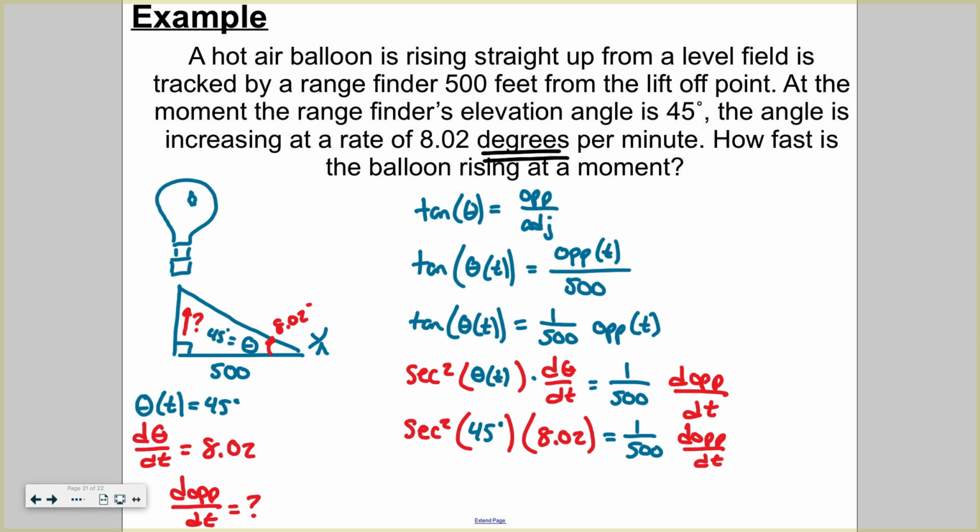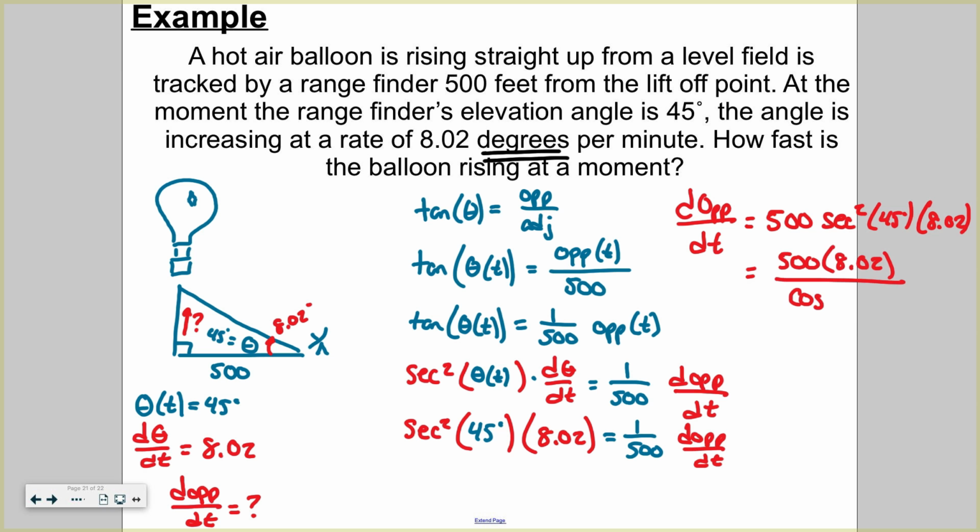Alright, so we can just multiply both sides by 500, so the derivative of our opposite side with respect to t is going to be equal to 500 secant squared of 45 degrees times 8.02. So this is really going to be 500 times 8.02 all over cosine squared of 45 degrees.